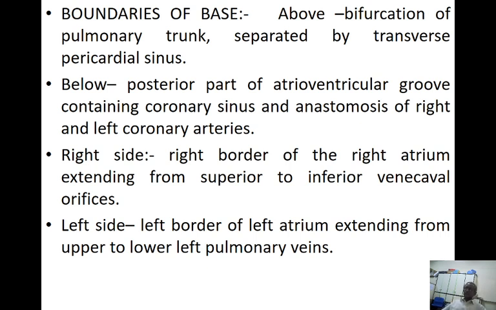Then below, the posterior part of the atrioventricular groove containing the coronary sinus and anastomosis of right and left coronary arteries. Right side, right border of the right atrium extending from the superior to inferior vena cava. Left side, left border of the left atrium extending from the upper to the lower left pulmonary veins.